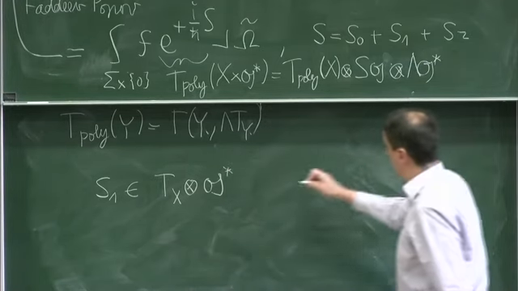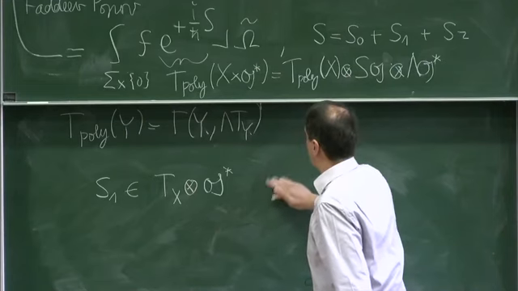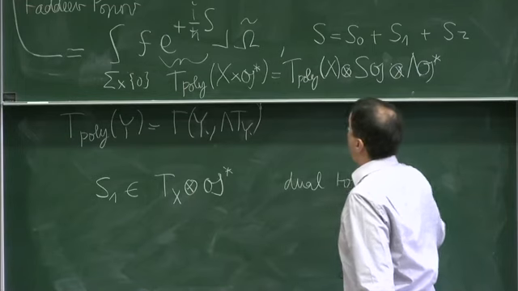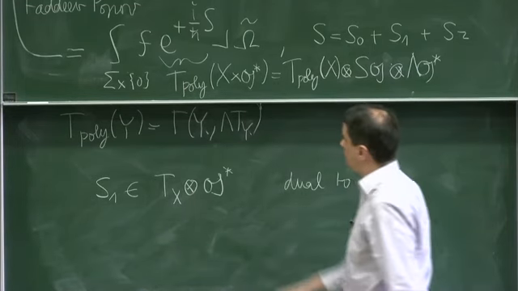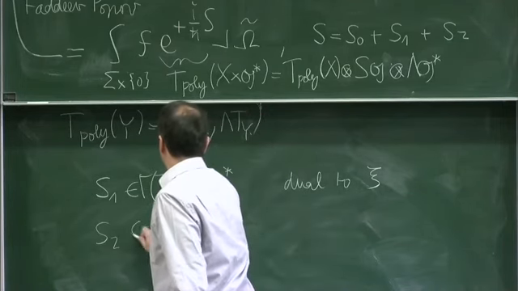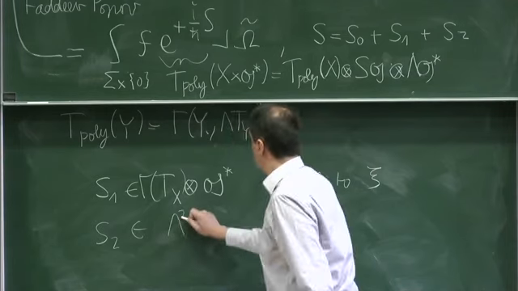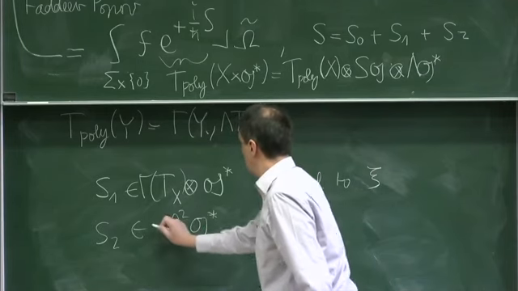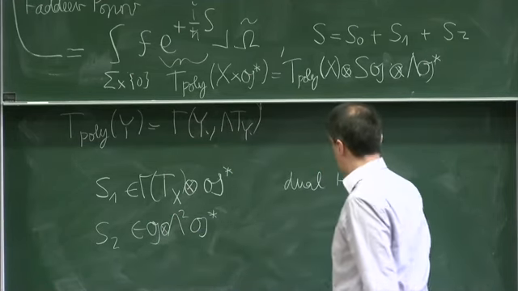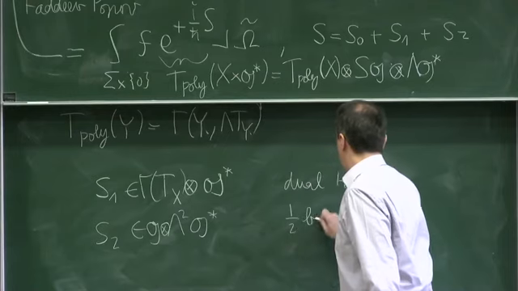So this is the action. It is dual to psi, the action. And S2 will be in wedge 2 of G star times G. It is 1/2 of the bracket.